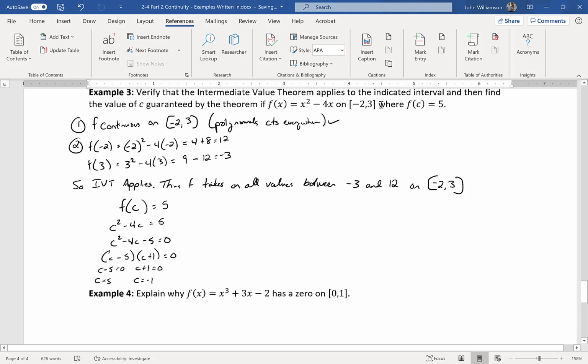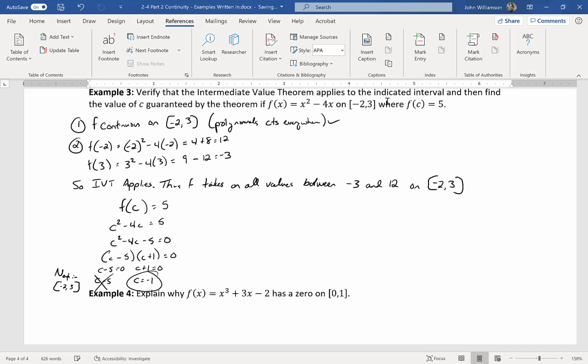But remember, it has to be on the interval -2 to 3. And in this case, the only one on the interval for x equaling -2 to 3 is c equaling -1. c equaling 5 is not in the interval. So in this case, the value of c we care about, the one guaranteed by our intermediate value theorem, is c equaling -1.